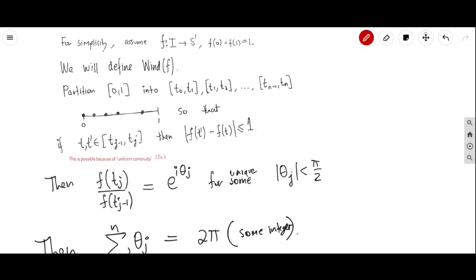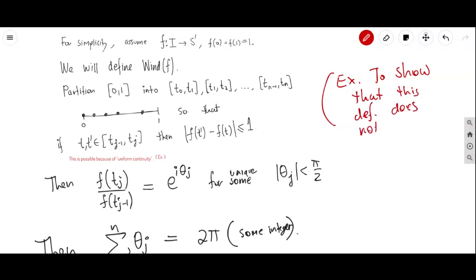This is going to be an exercise on the homework to show that this definition does not depend on the partition. So even though you're making a choice of a partition to calculate it, in the end, all calculations will lead to the same answer. So that is going to be on your homework.